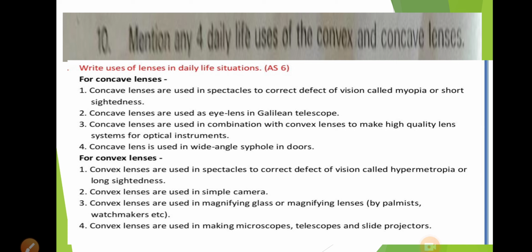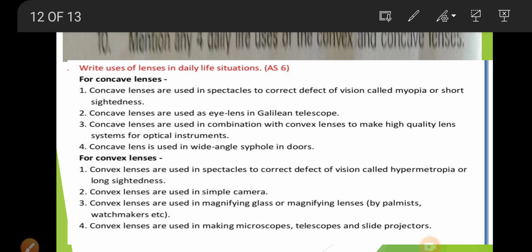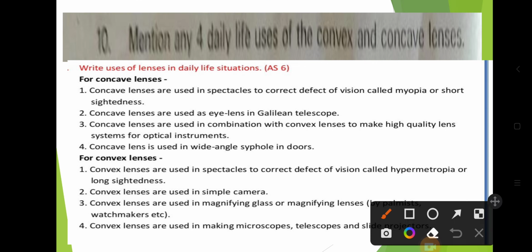Mention any 4 daily life uses of convex and concave lens. First they gave mirrors, now they gave lens. This is a lens. Okay, next, concave lens. Concave lenses are used in spectacles to correct the defect of vision called myopia or short-sightedness.